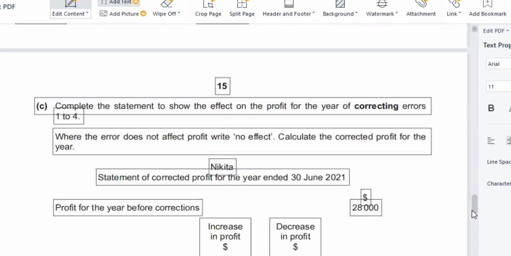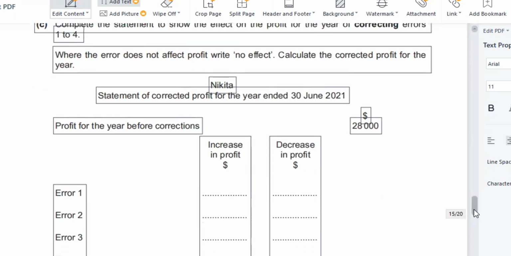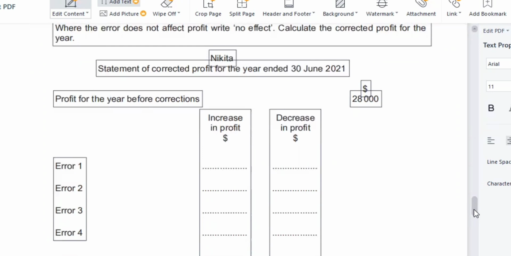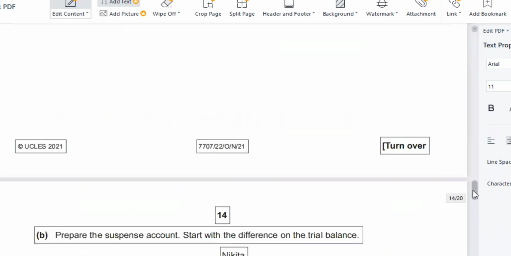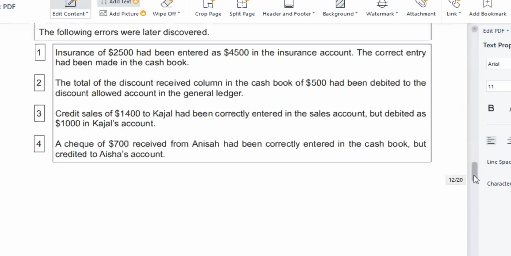Now complete the statement to show the effect on profit for the year of correcting errors 1 to 4. Okay. Error 1 was insurance of 2500 has been entered as 4500. That means insurance was the expense, and in the profit and loss, we have recorded insurance as 4500.